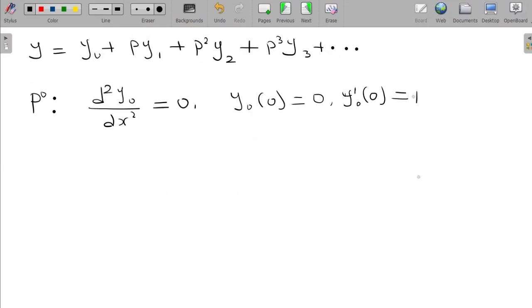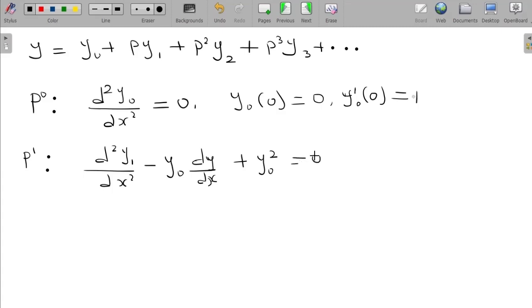Then for p¹, we are going to have d²y1/dx² minus y0 dy0/dx plus y0² equal to 0, with the conditions y1(0) = 0 and y1'(0) = 0.